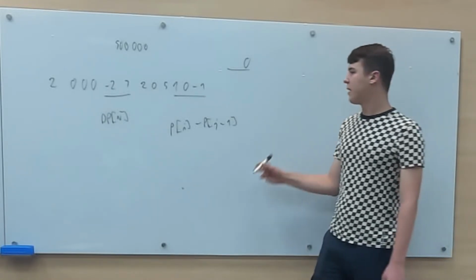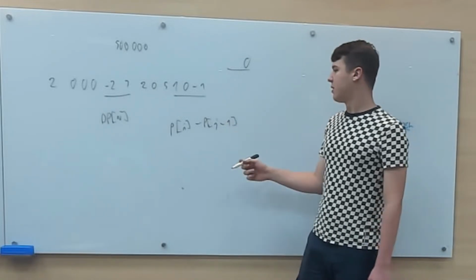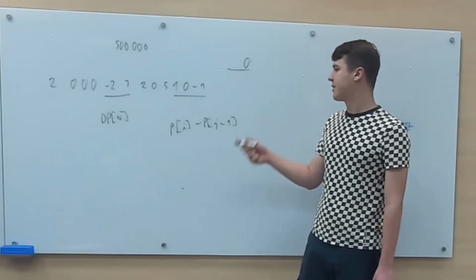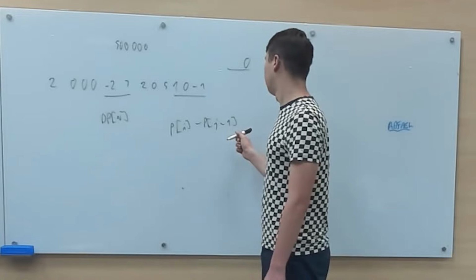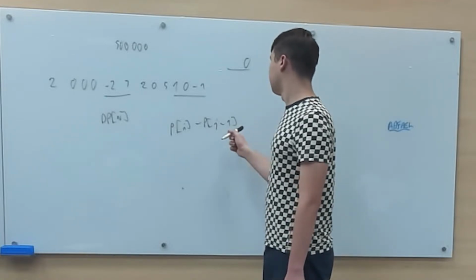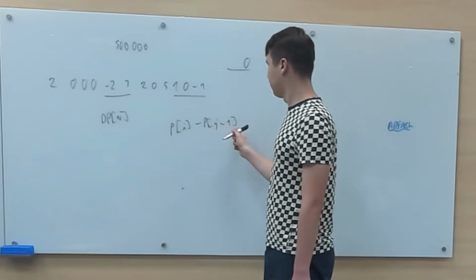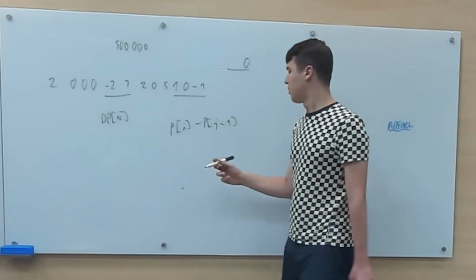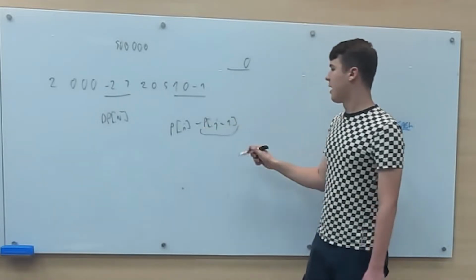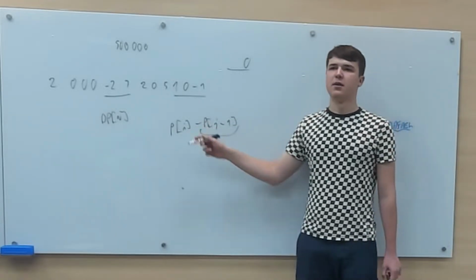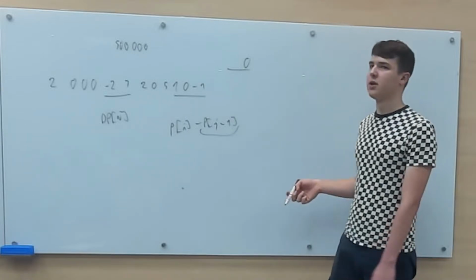So we want to find a prefix such that its sum is at least 0. So this part can be at most p i, right? And we want to find it with the best cost.